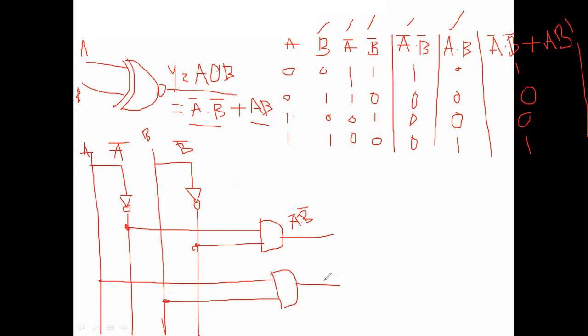This is A dot B. So, total expression is A bar dot B bar plus A dot B. So A bar dot B bar is here, A dot B is here. Plus operation is there. So plus means which gate is used? OR gate. OR gate is used.